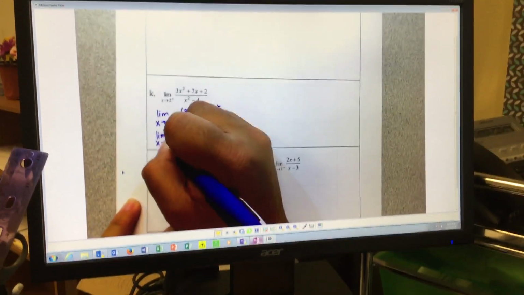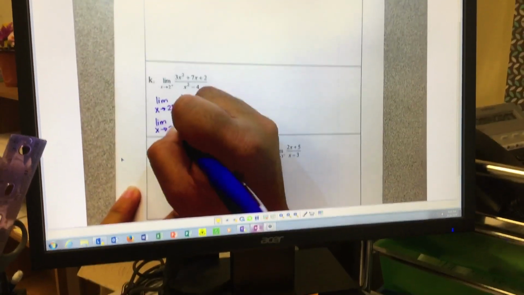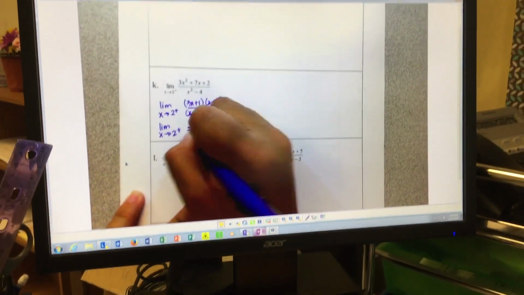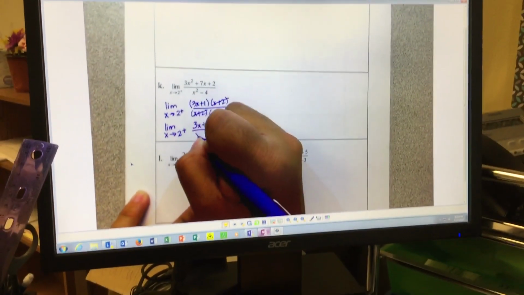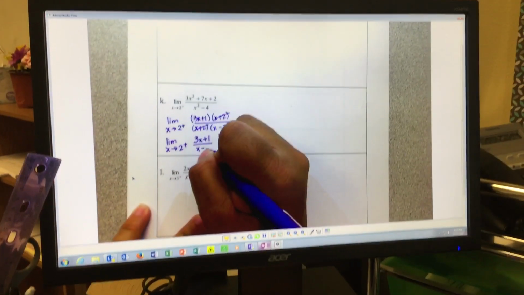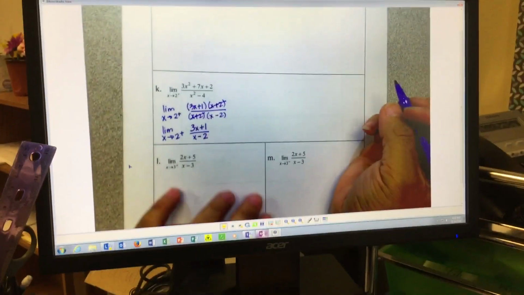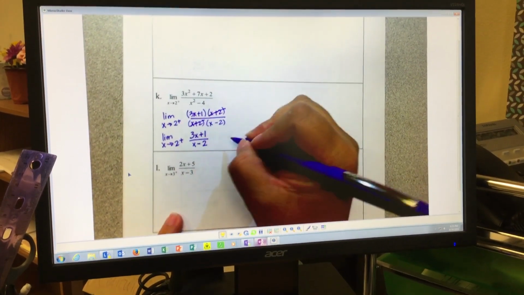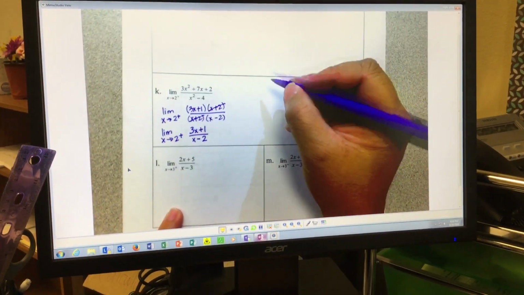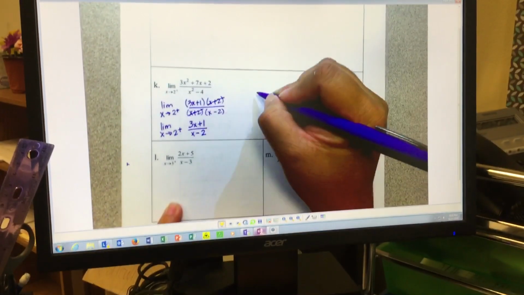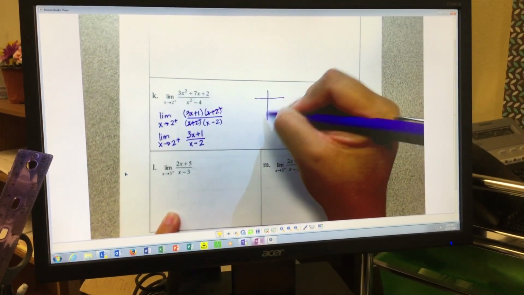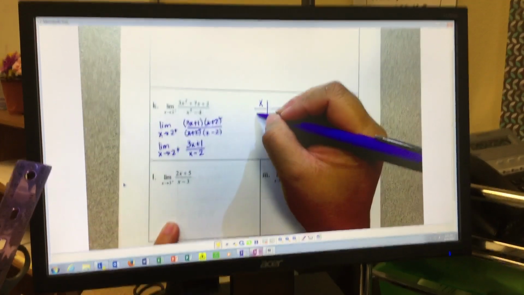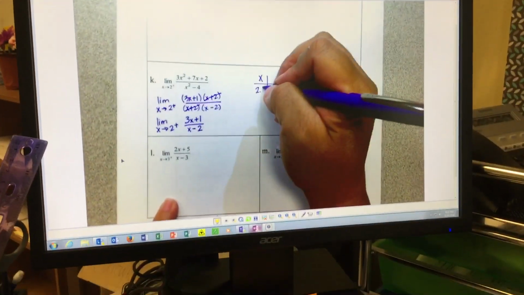Okay, the limit as x approaches 2 from the right, we are left with 3x plus 1 over x minus 2. Okay, so here, because this is a rational equation, we have to find out from the right what that would be. So we would test. If we come from the right, that's going to be 2.1.